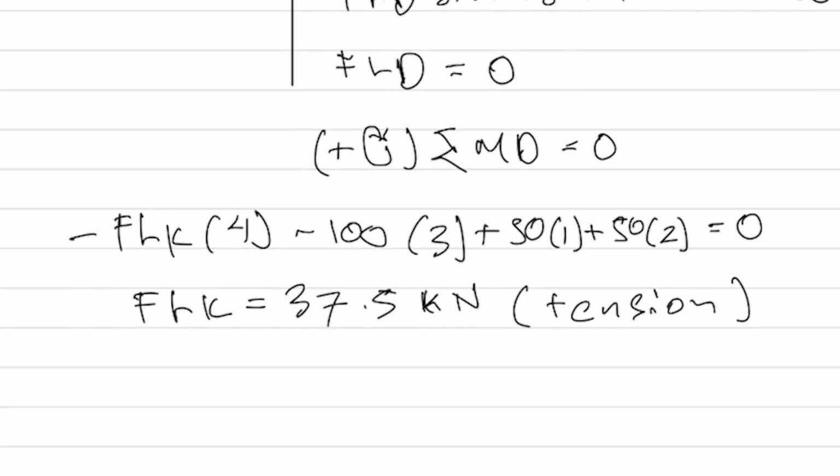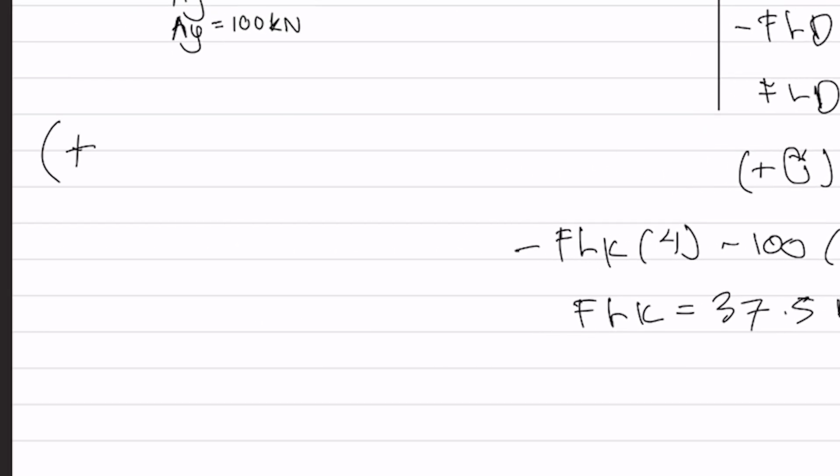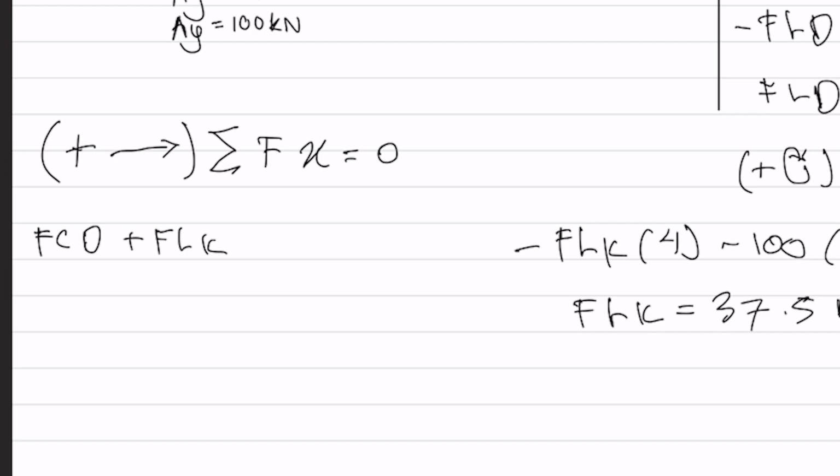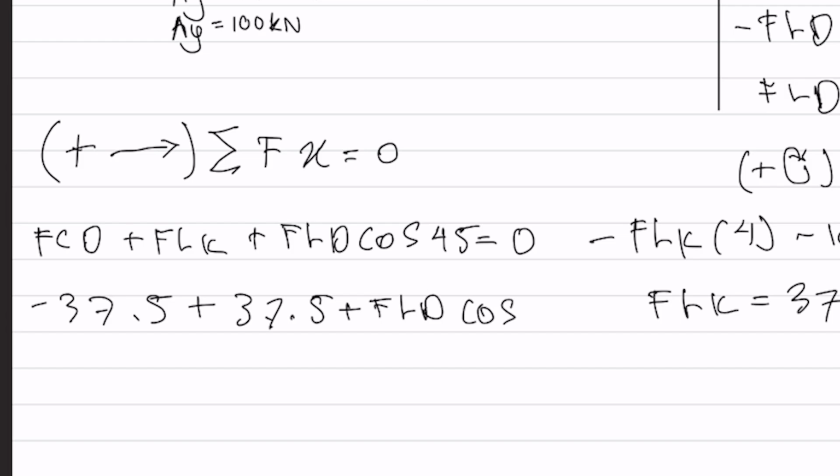Next, we assume to the right side is positive. Fx equal to 0. FLO plus FLK plus FLD cos 45 equal to 0. And we get negative 37.5 plus 37.5 plus FLD cos 45 equal to 0.